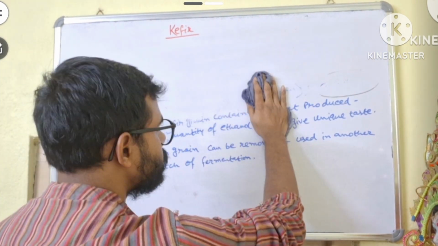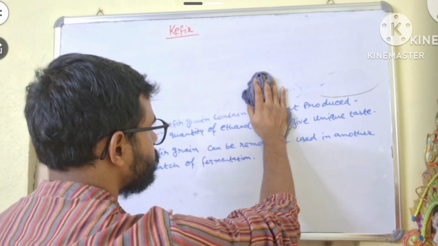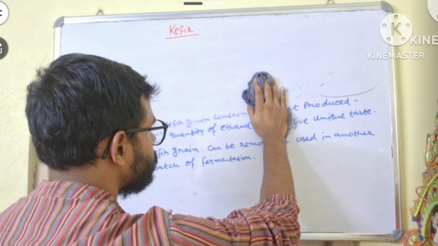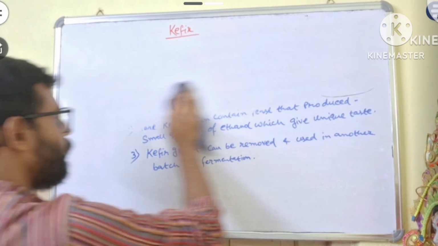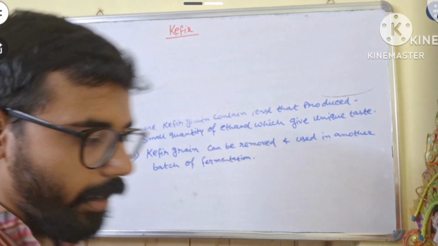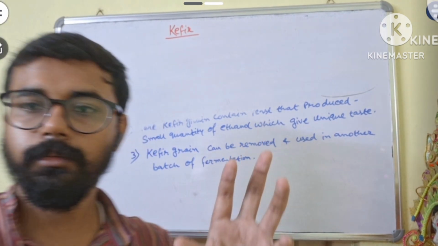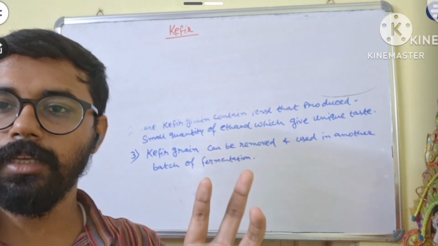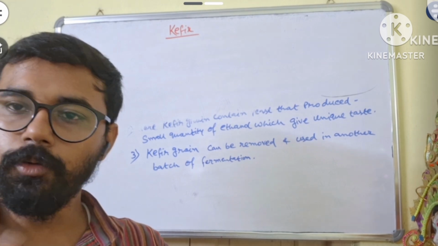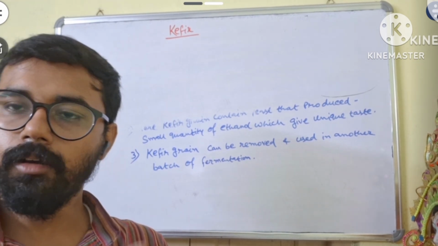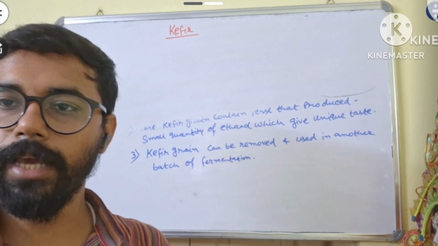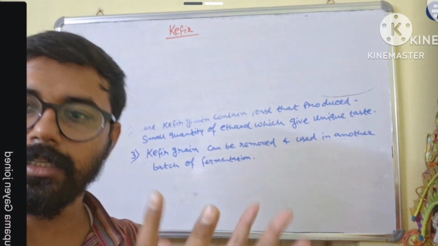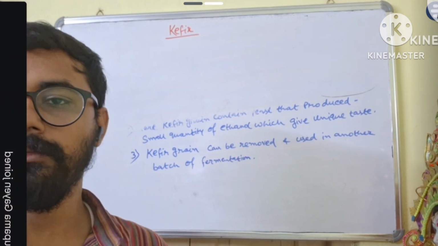Sir, but once the kefir grain is used, the microbes present in it are already utilized. No, not all microbes are utilized. Microbes are stuck in a mass. The microbes utilize the nutrients from the milk and convert the milk into lactic acid or other products. But the microbes themselves are not used up; they are still stuck in the kefir grain.